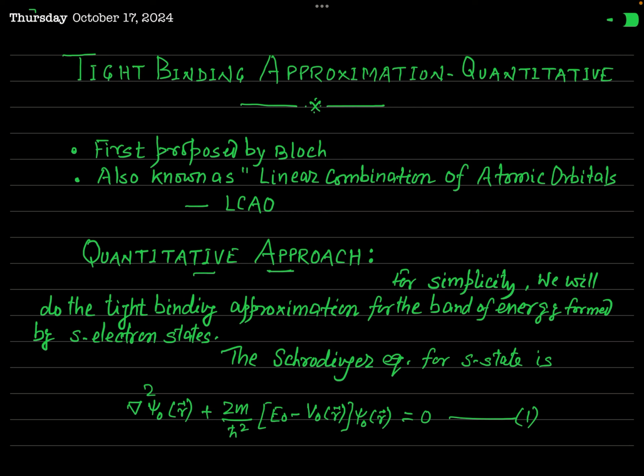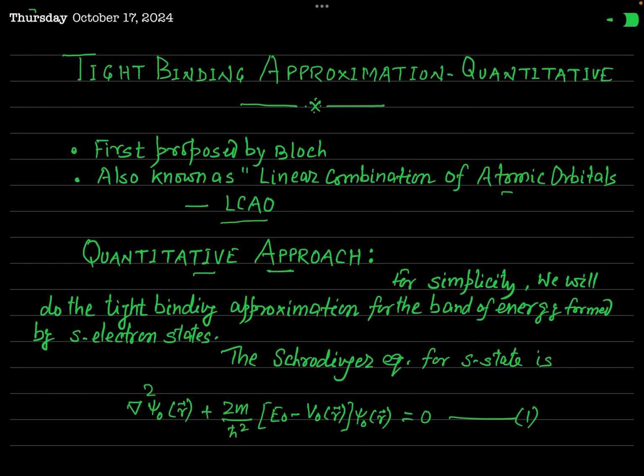In fact, as I told you in the first part of the lecture, this problem was first solved by Bloch, and this tight binding approximation is also known as linear combination of atomic orbitals, that is LCAO.